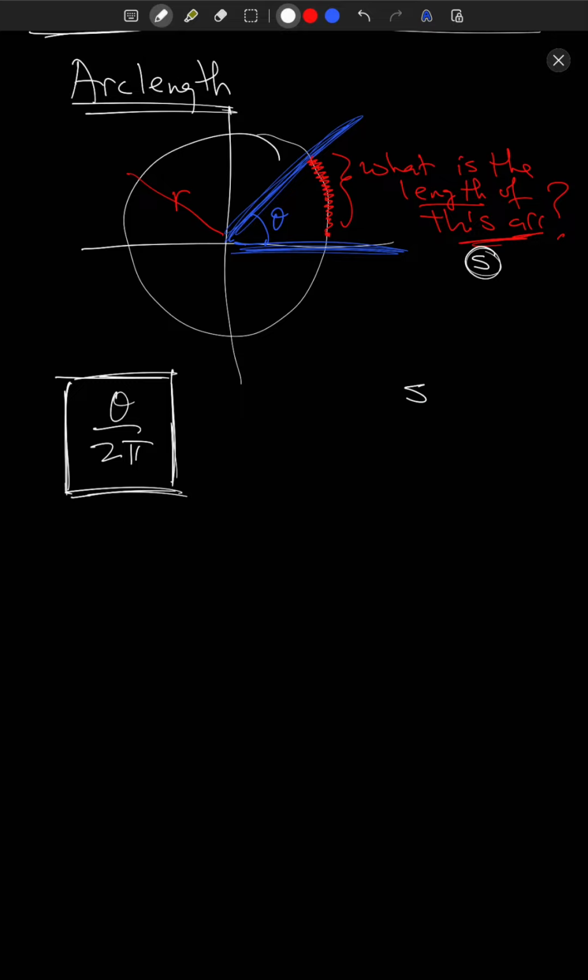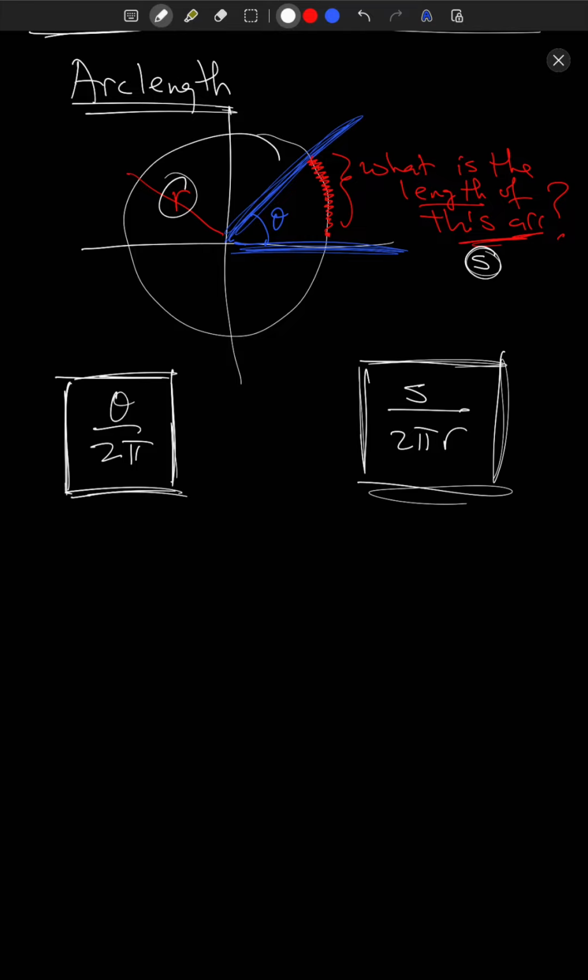Well, S over the entire circumference of this circle. What's the circumference of the circle? If it's radius r, then the circumference is 2 pi r. So S over 2 pi r represents, again from a different point of view, the fraction of the circle that we're working with.